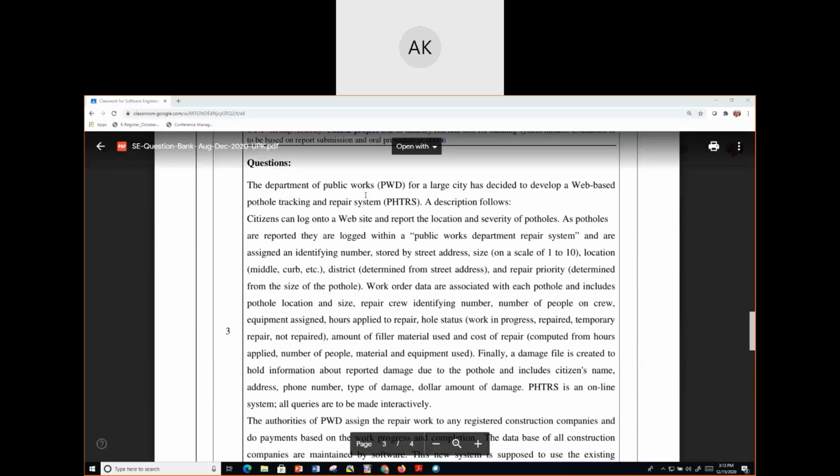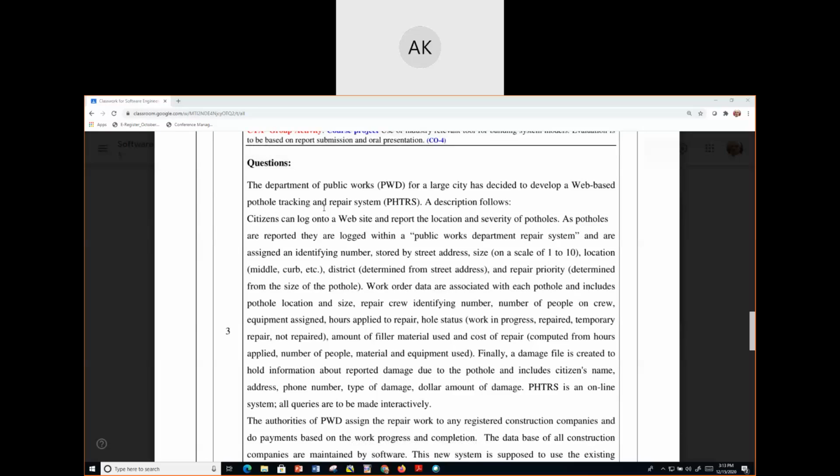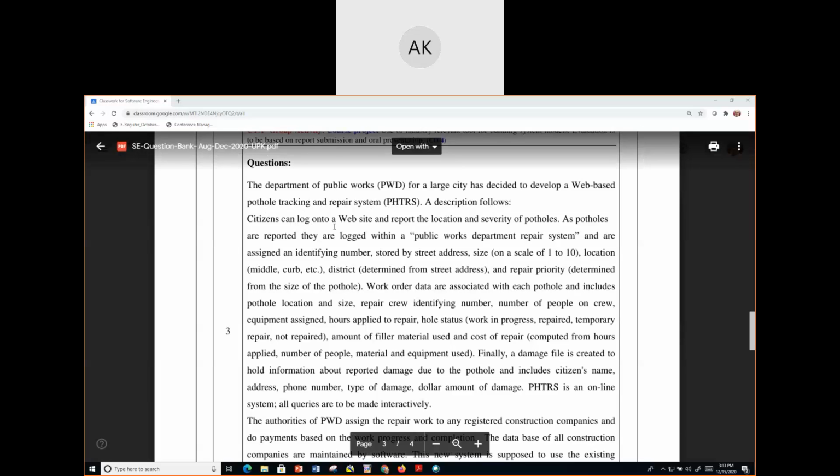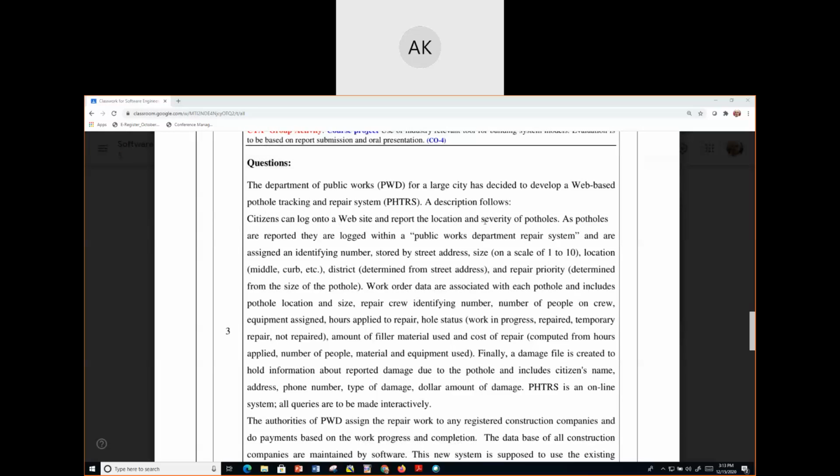I'll read that. The Department of Public Works for a large city has decided to develop a web-based pothole tracking and repair system. The description is as follows. Citizens can log onto the website and report the location and severity of potholes.